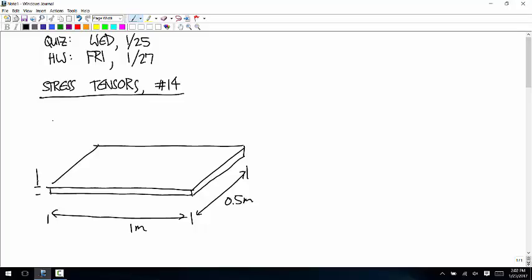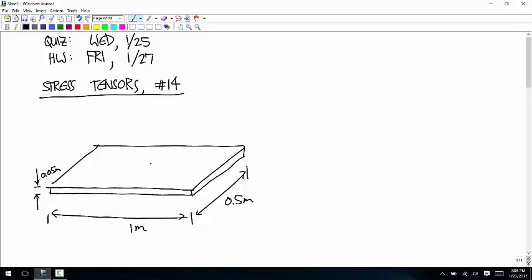And then the thickness of the plate is 0.05 meters. And there are 2 uniformly distributed loads applied, and they're given as total forces.